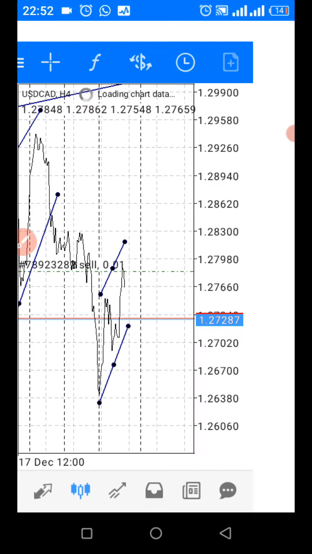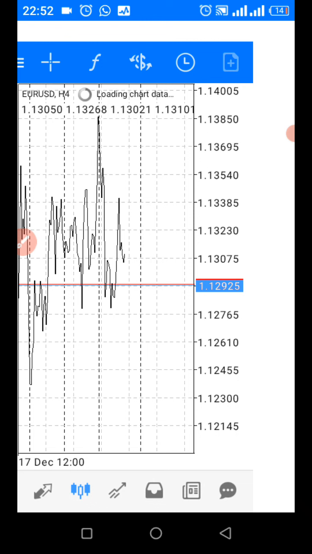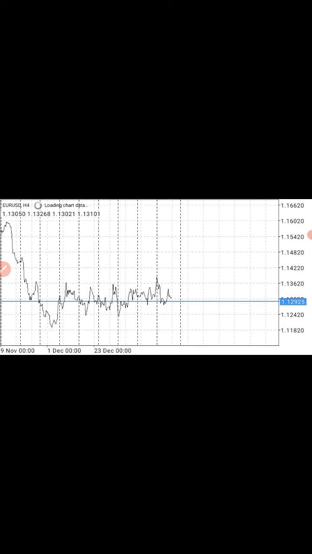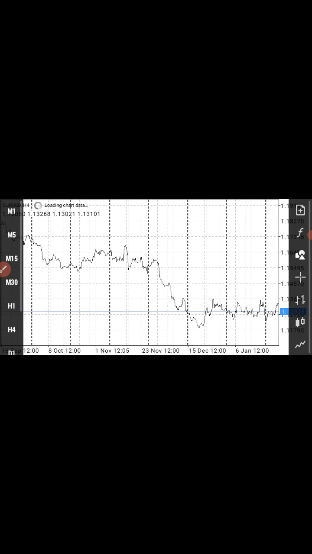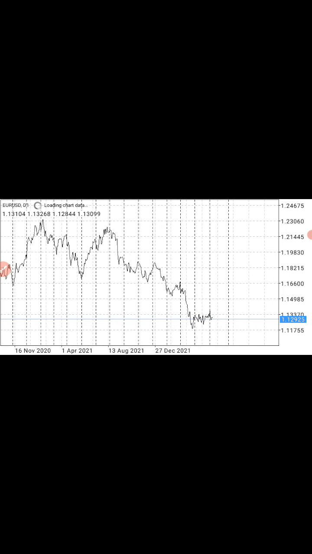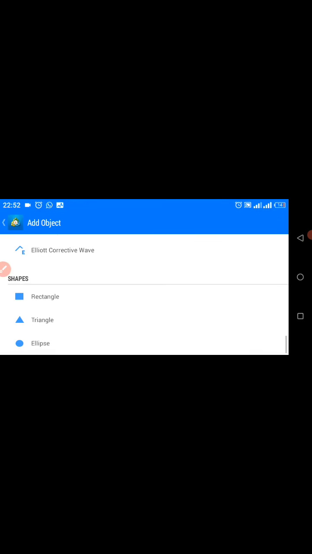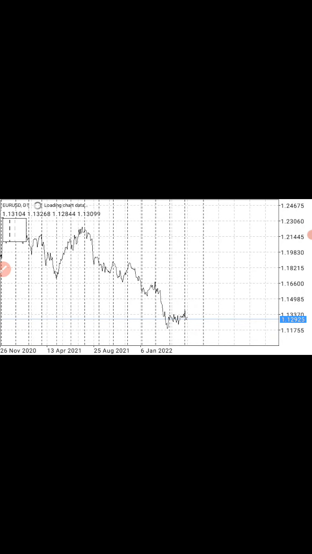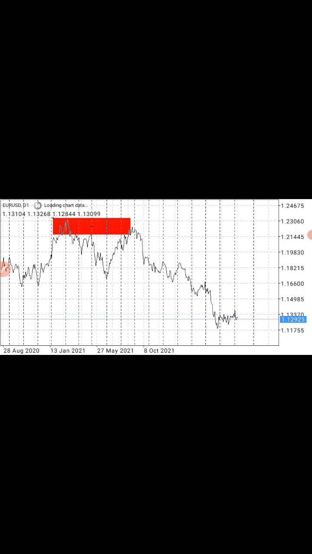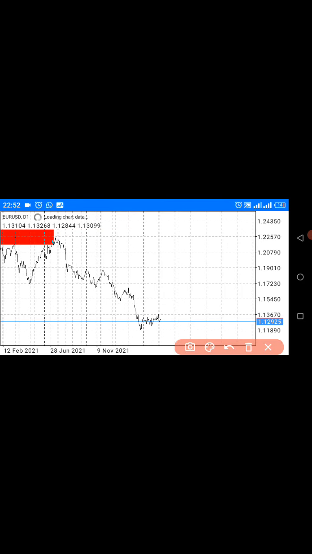I'm looking at some stuff on it this afternoon. Let's start from the daily. You can see after this movement here, the next thing that we see is this flag.